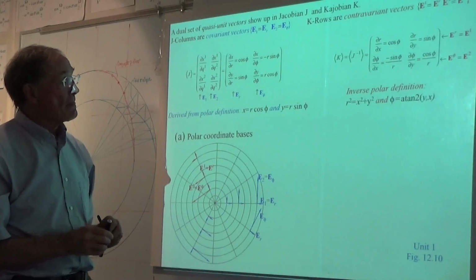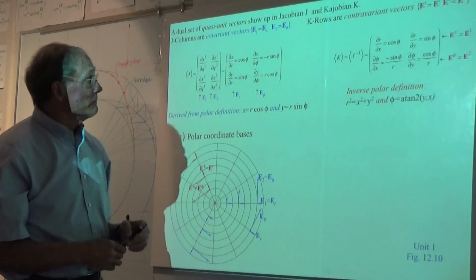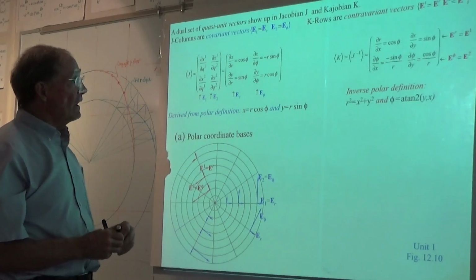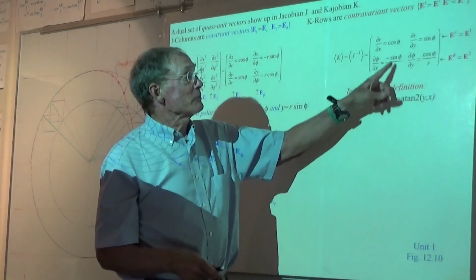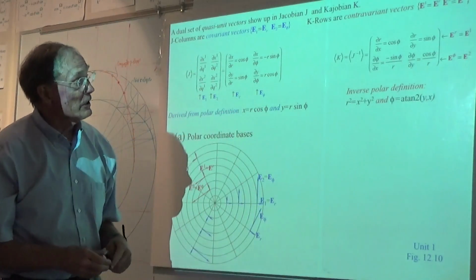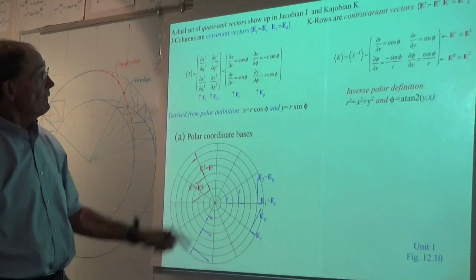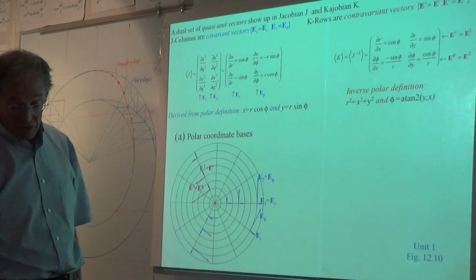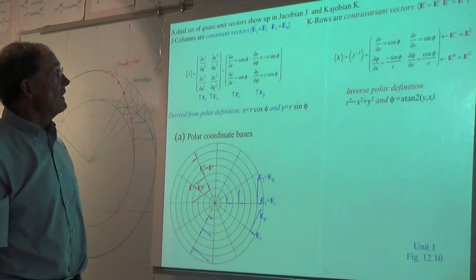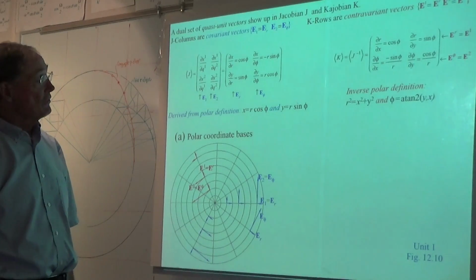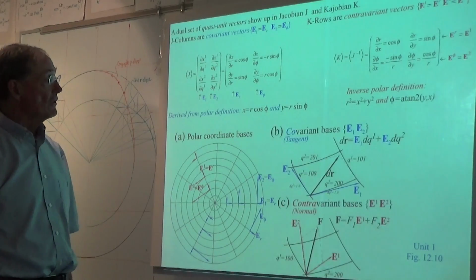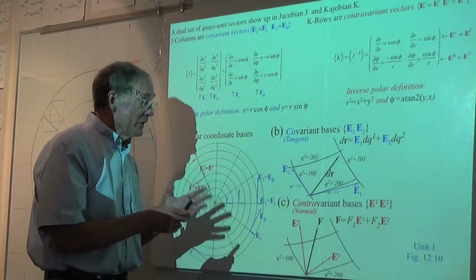All right? So we have this one using the inverse polar definition. If you want to just go ahead and actually work those partial derivatives out, that's what you need to know. But obviously, an easier way to go is to write the x and the y as functions of the curvilinear coordinates. Now here's what they are geometrically.